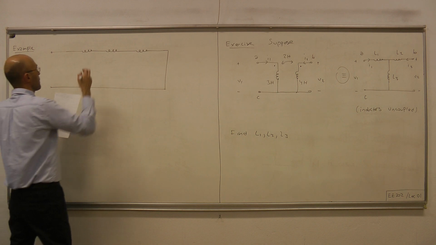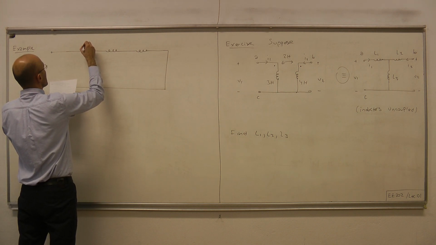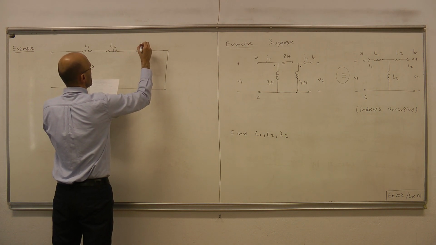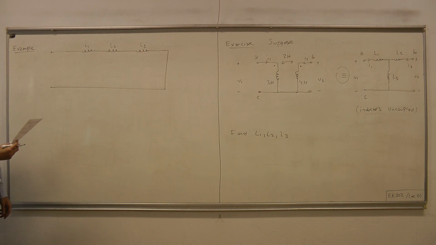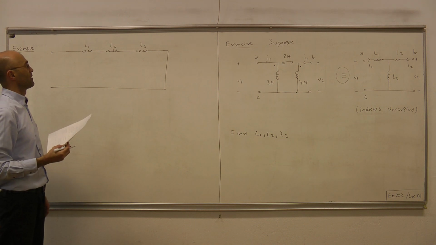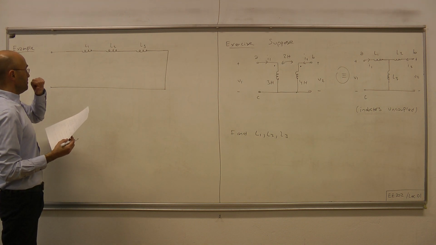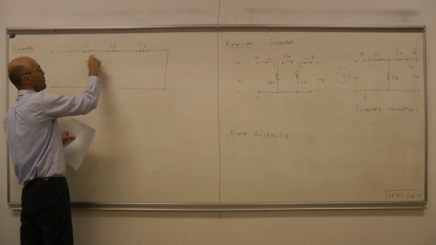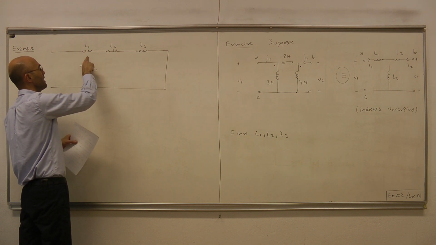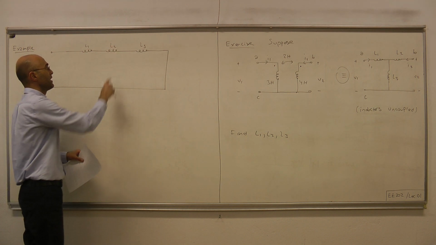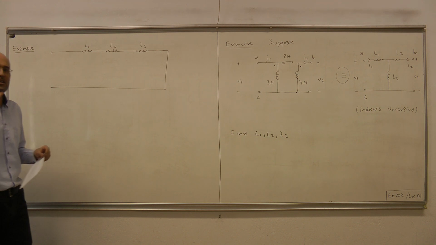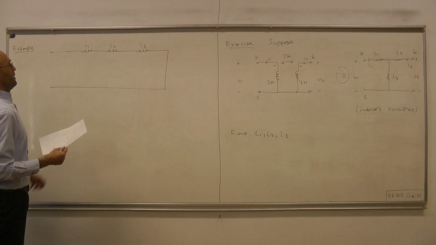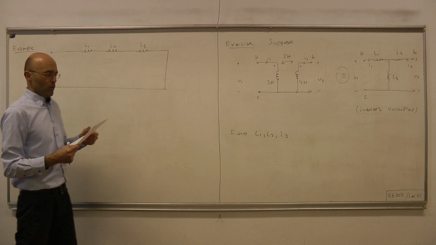The self-inductances are L1, L2, and L3. Then we have three mutual inductances. One relating the first to the second coil, the other relating the first to the third coil, and the third relating the second to the third coil. Each of those mutual inductances requires a pair of dots.